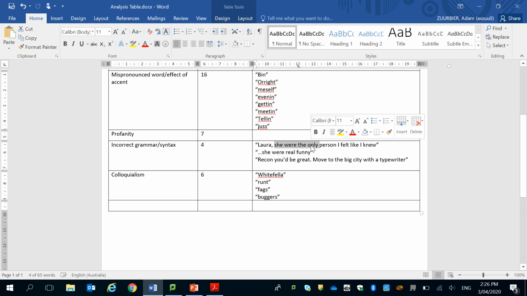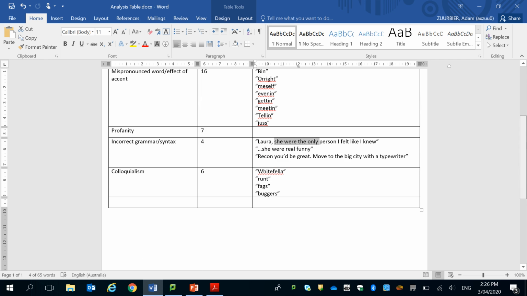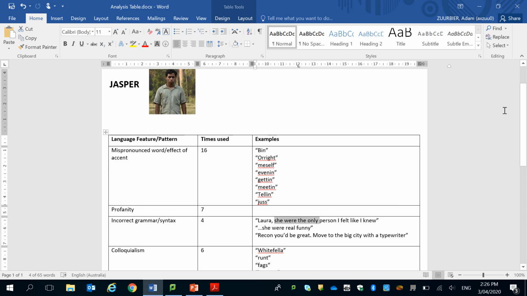That is the incorrect form of that word. It should be, she was. So he's used the wrong form of a verb in that case, and that's not very common, even in most people's patterns of language use. And then he has over 60 uses of different colloquialisms, so that's another strong pattern of language use as well within his voice as a character.